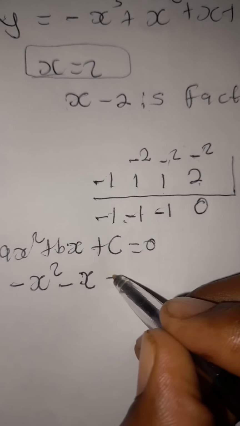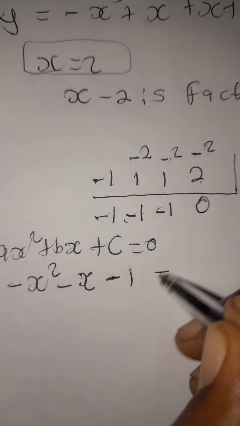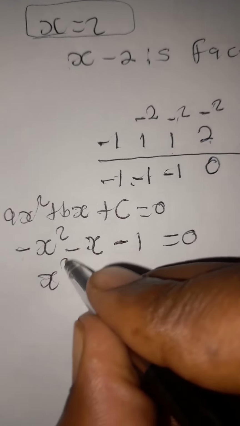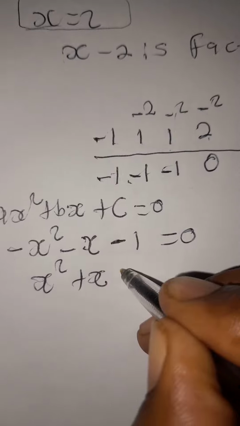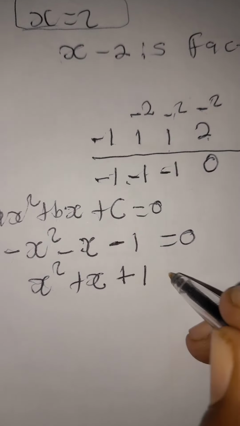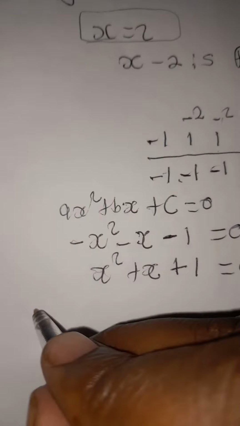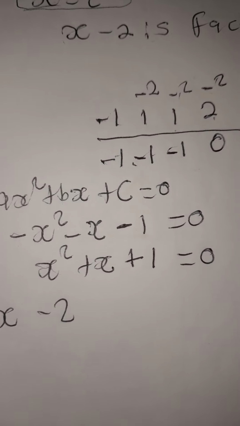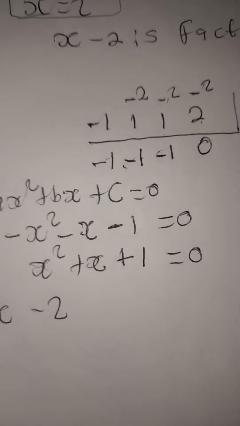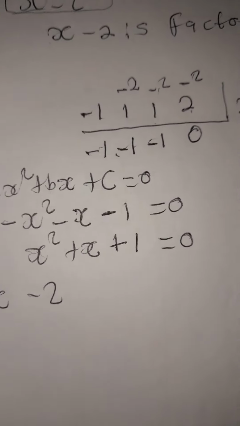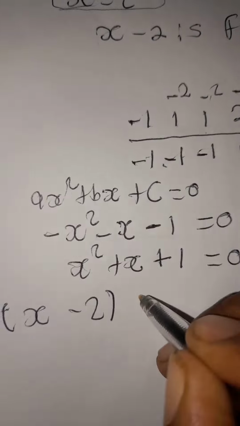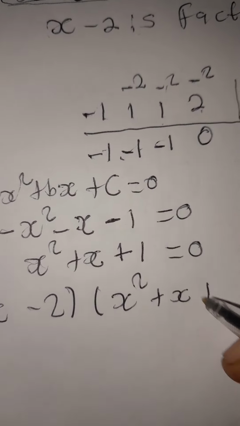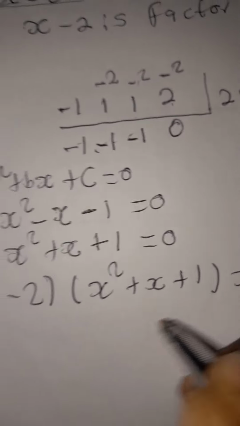The constant is minus 1. When you want to solve this, we can divide both sides by negative 1. So it's going to be x squared plus x plus 1 equated to 0. Remember that we now have x minus 2, the factor. This is beautiful, guys. So we have x minus 2 times x squared plus x plus 1 equated to 0.